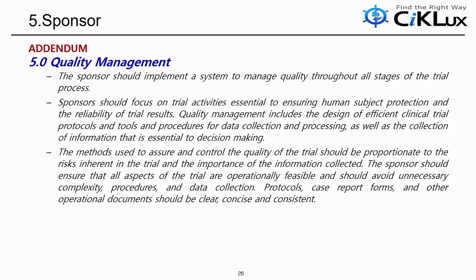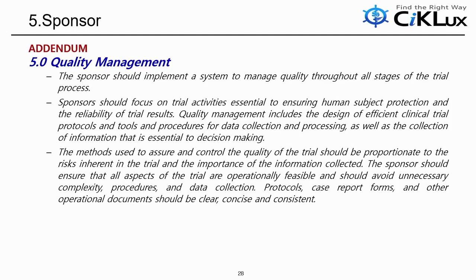And most of the updates were for the sponsor. All the chapters so far that I explained were numbered like 4.1, 4.2. But here you can see it starts with 5.0, which means this chapter as a whole became an addendum.